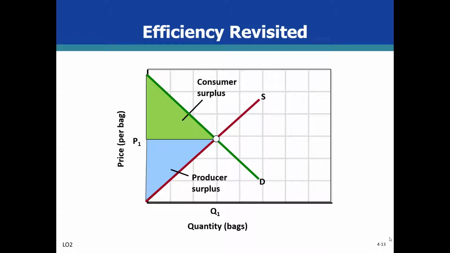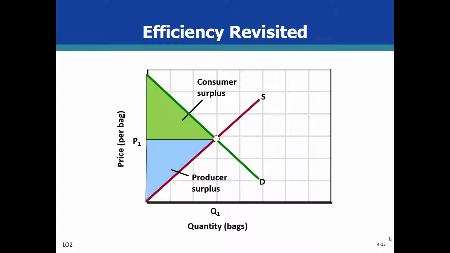Two things are happening on this chart. In the first series of lectures that we learned on demand and supply, we just learned that this is the equilibrium point. This is the market clearing price. This adds two other layers to this classic demand and supply curve.